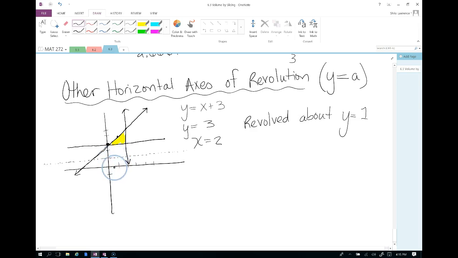So 2 units below 1 is -1. So I don't go all the way down to -3. That would not be revolving around the line y equals 1. That would be revolving around the x-axis. That's not what we want. And then we have this slanted line, and we can finish out our triangle. And as it spins, it's going to create our circular cross sections.